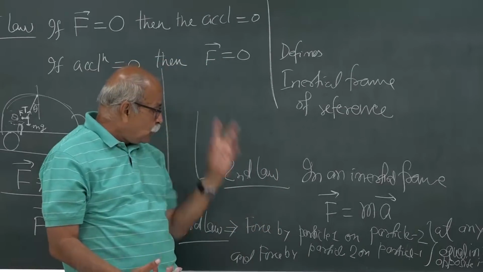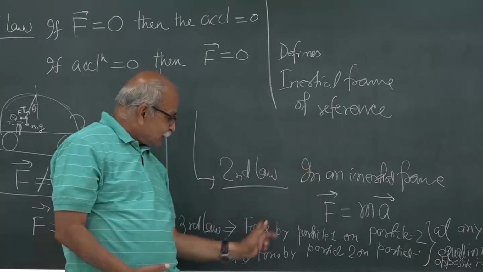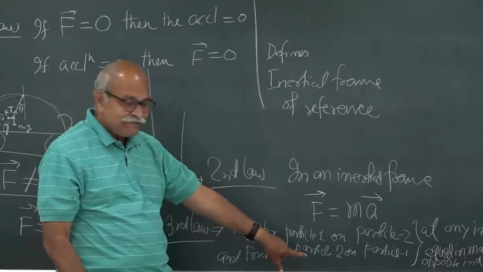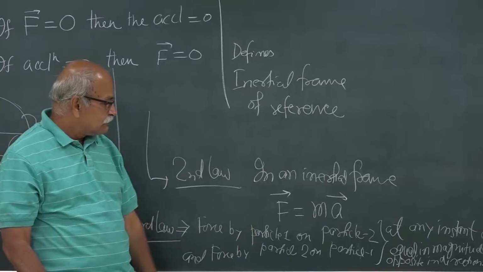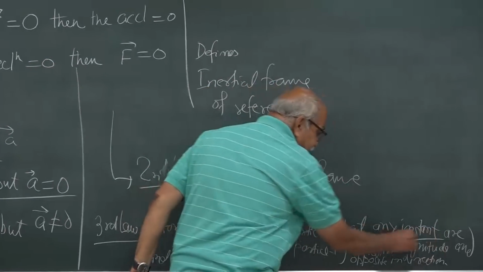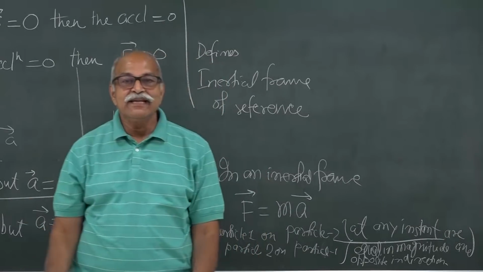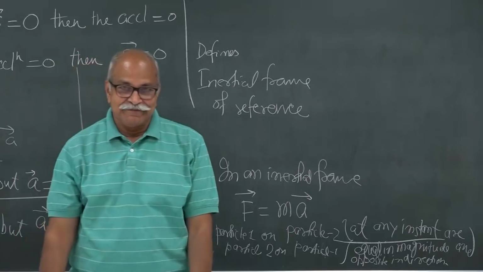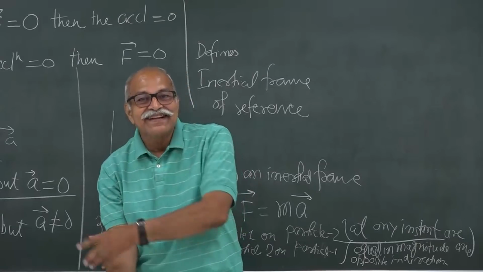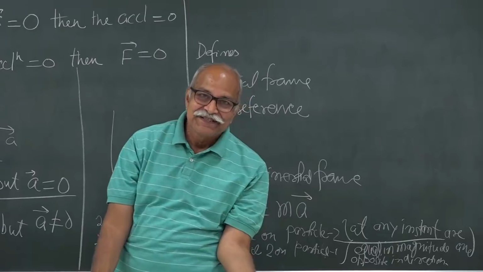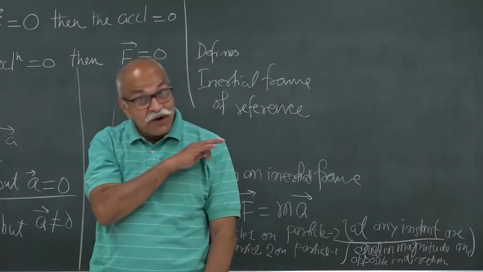So, if you have two objects, one is exerting force on the other and the other is also exerting force on the first one. That is it: force by particle 1 on particle 2 and force by particle 2 on particle 1 at any instant. This is also very, very important. In an action-reaction statement, it appears that first some force was exerted, which is action, and then reaction also occurred, so that in reaction to the first force, the second force is exerted. It is not that.